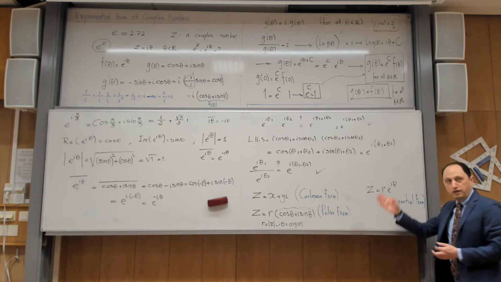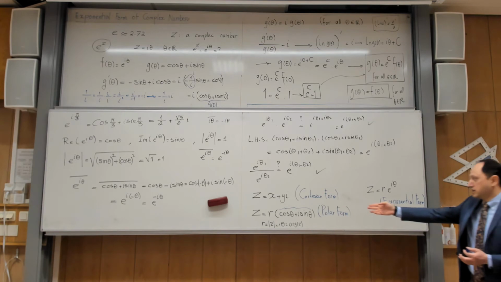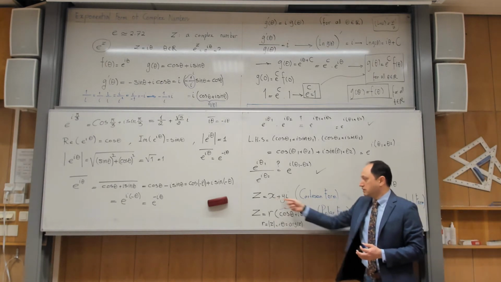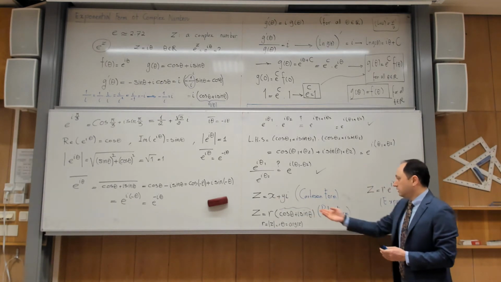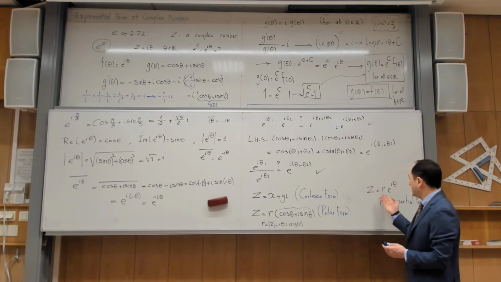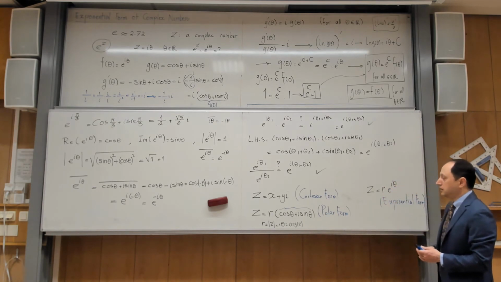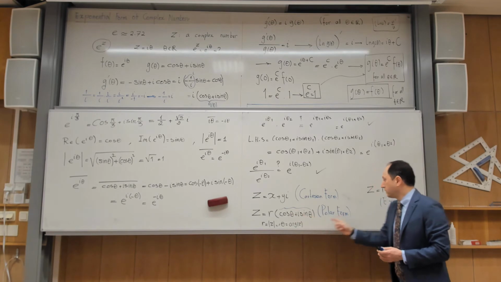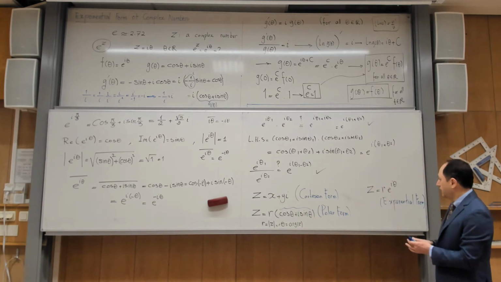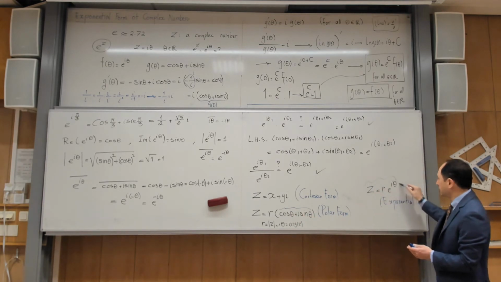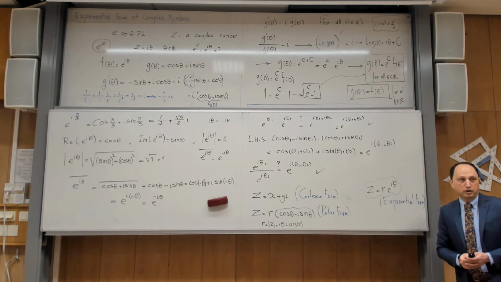So we have three forms for a complex number. The standard one, or the Cartesian one, is of this form, and then this one is the polar form. And because Euler's formula is valid for this part, I can replace it with the exponential form, and then you get this package as the exponential form of my complex number.